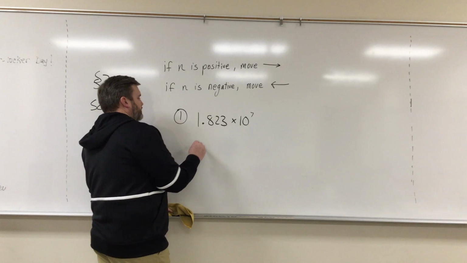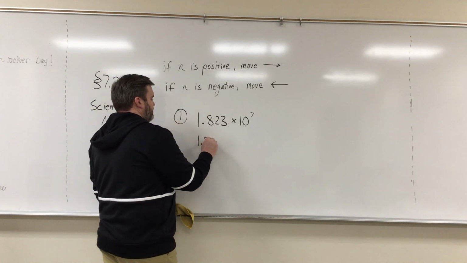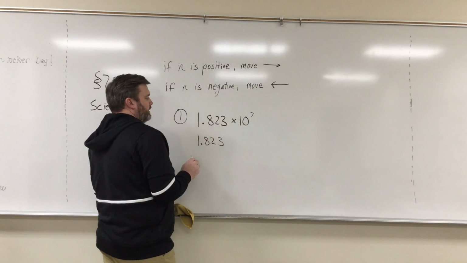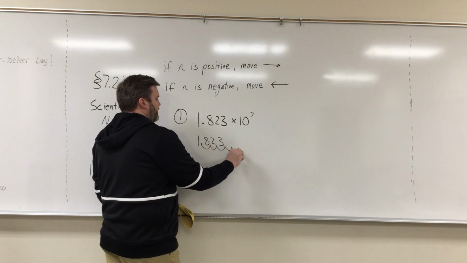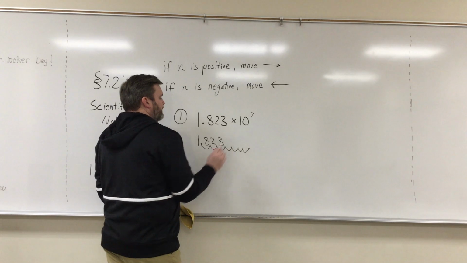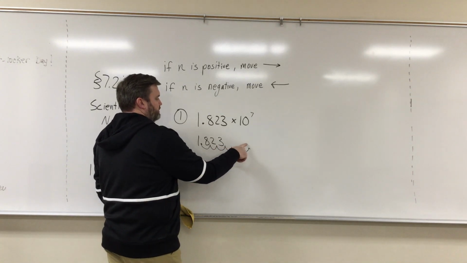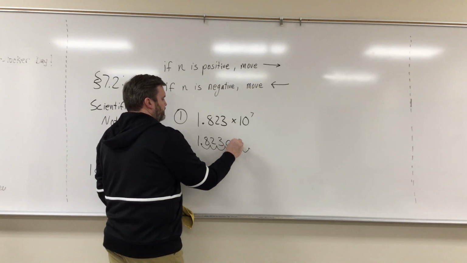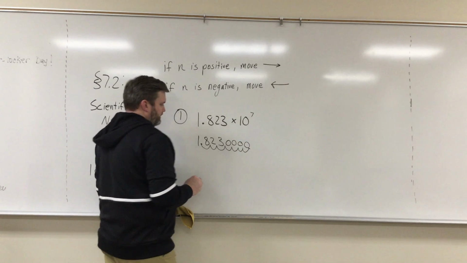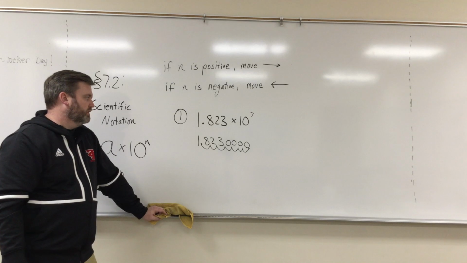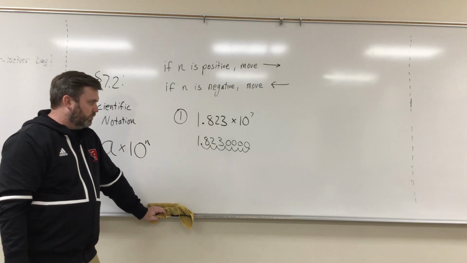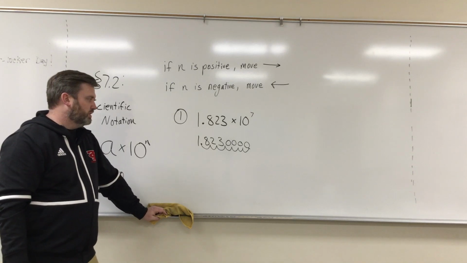So what I would like you to do is rewrite the a value and then show the movement. 1, 2, 3, 4, 5, 6, 7. Where these empty spaces are, fill in with zeros. Do not leave your answer like that. Nobody writes a number with a decimal that's in the wrong spot and arrows that don't.